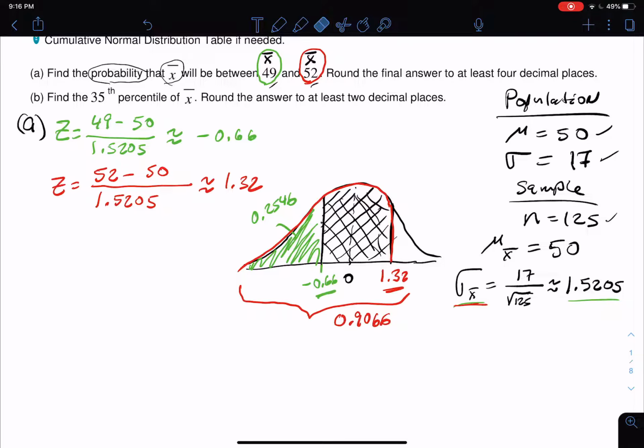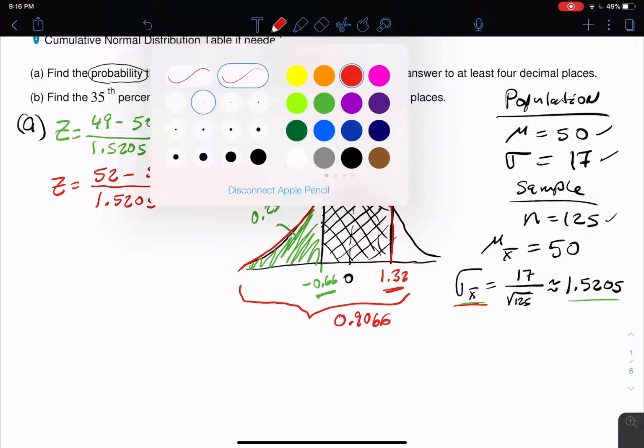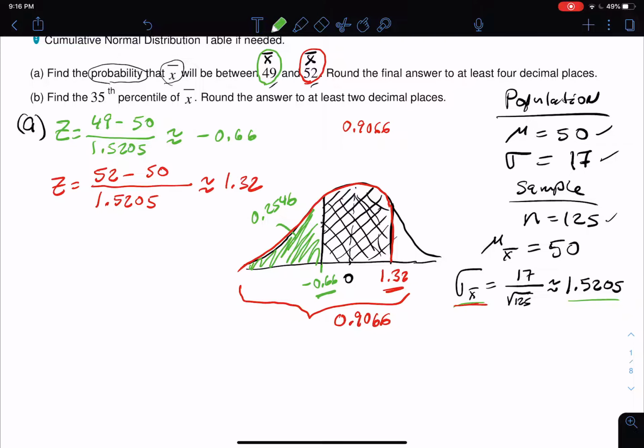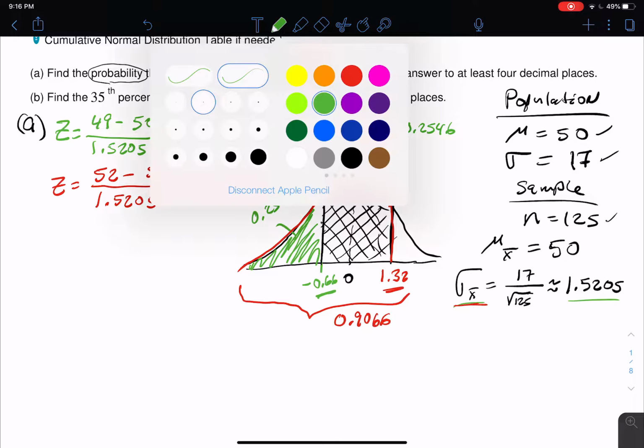And so I take the larger area of 0.9066 and subtract out the smaller area, which is 0.2546.